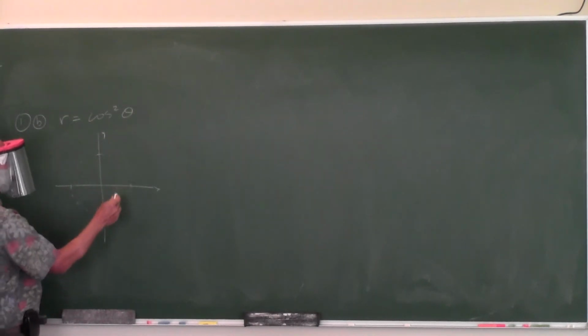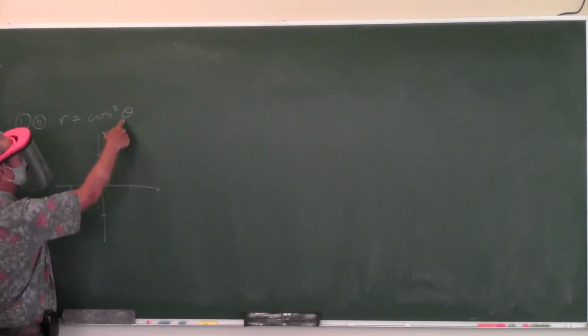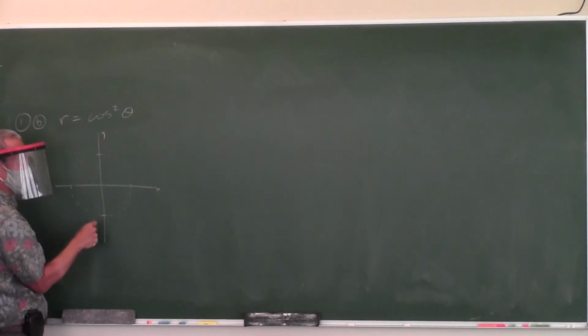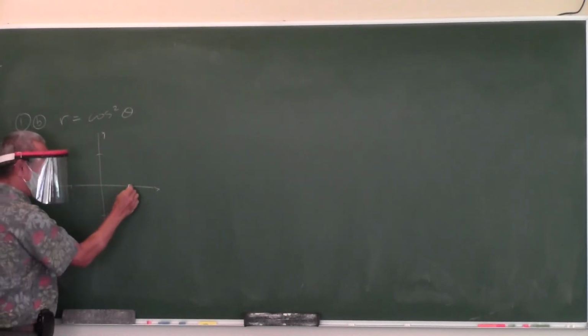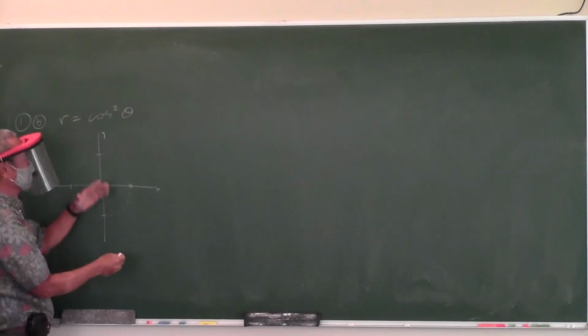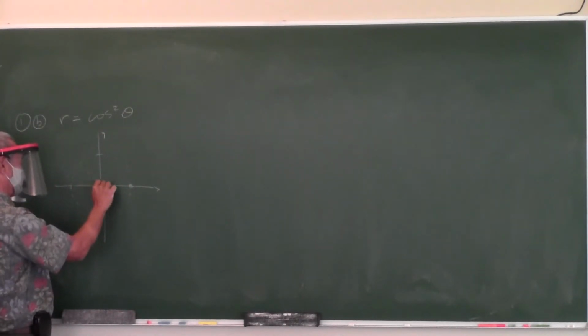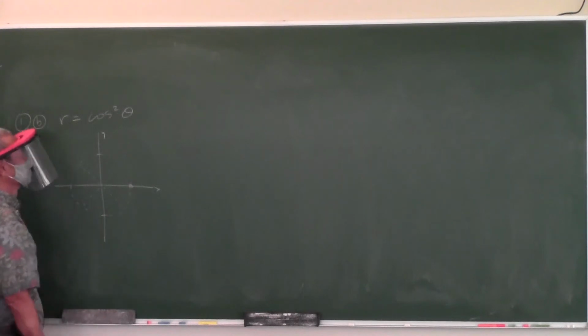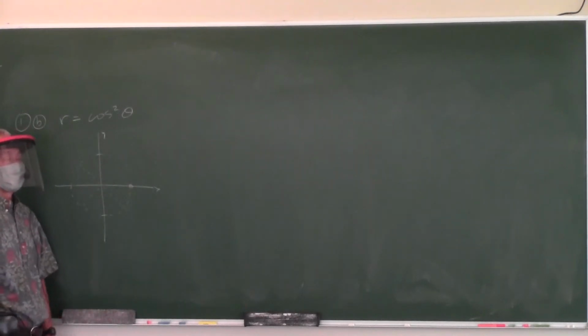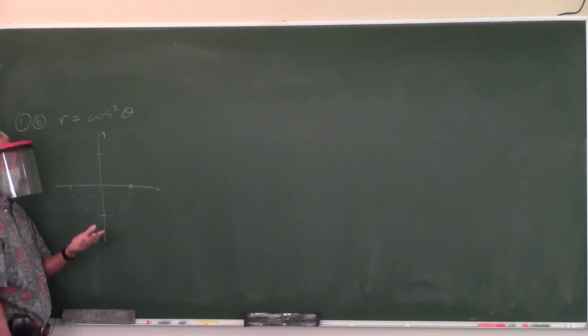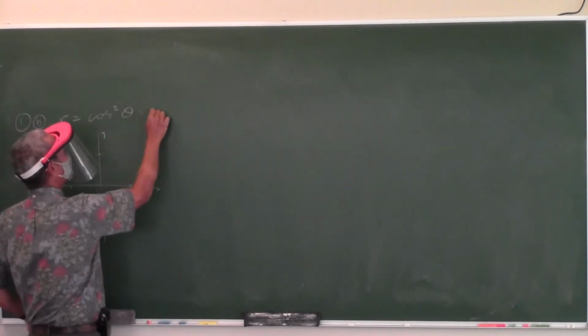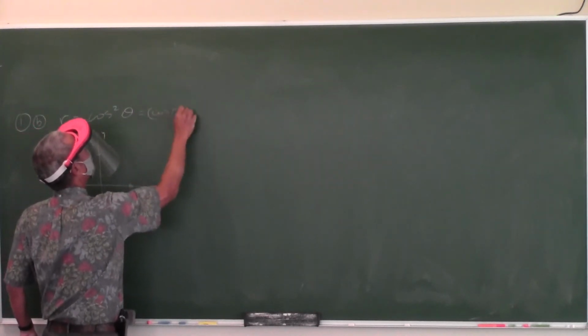Okay, here we go. Start at 0, plug in 0. What does r come out to? 1. 1 squared is 1. Okay, pi over 4, or 45 degrees. What is cosine of pi over 4? Remember, cosine squared theta means cosine theta squared.